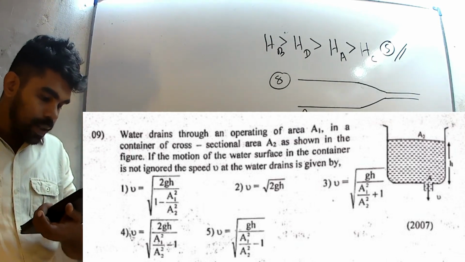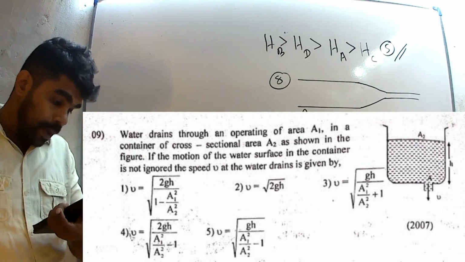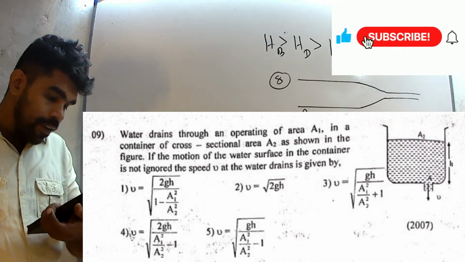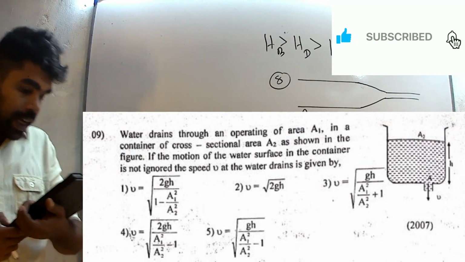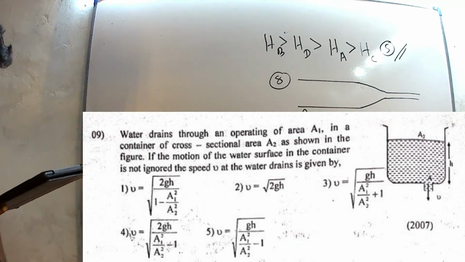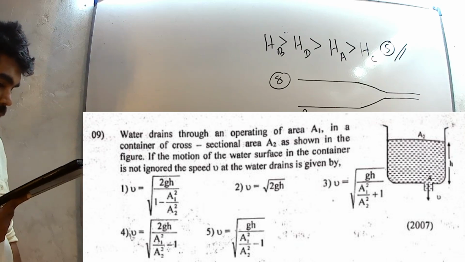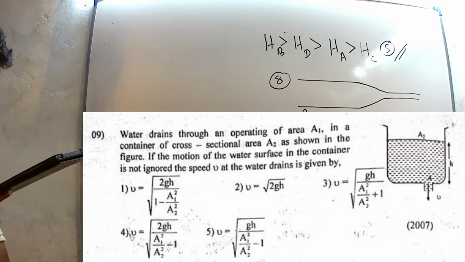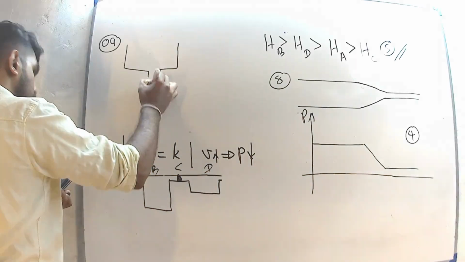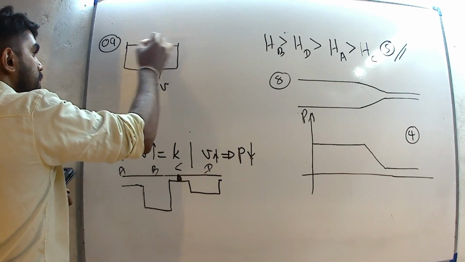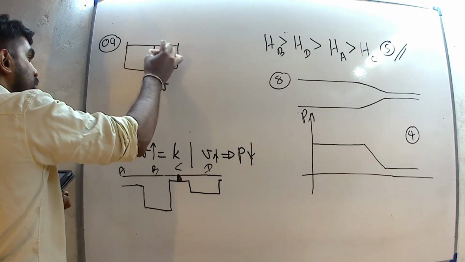Water drains through an opening of area A1 in a container of cross-sectional area A2 as shown in the figure. If the motion of the water surface in the container is not ignored, the speed V at which the water drains is given by. Velocity at this place is V. I will consider velocity at this point as V1.